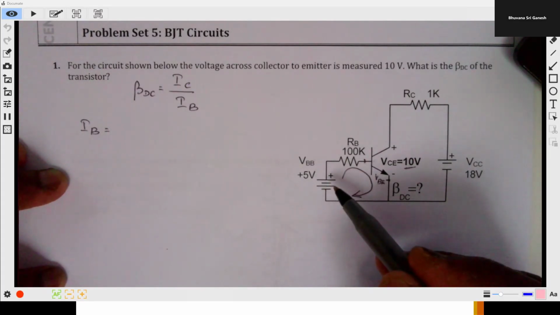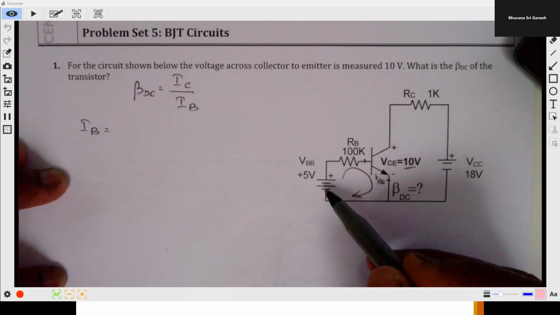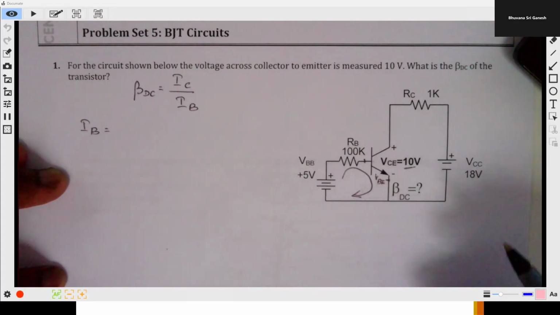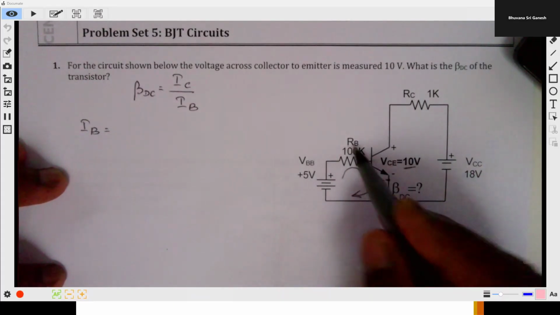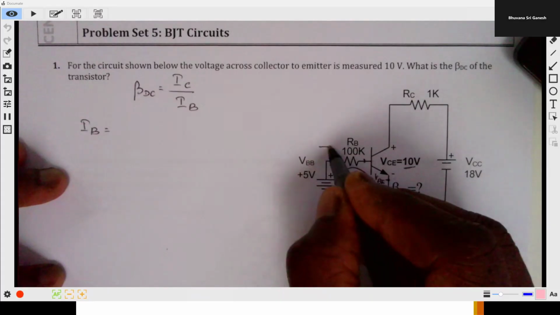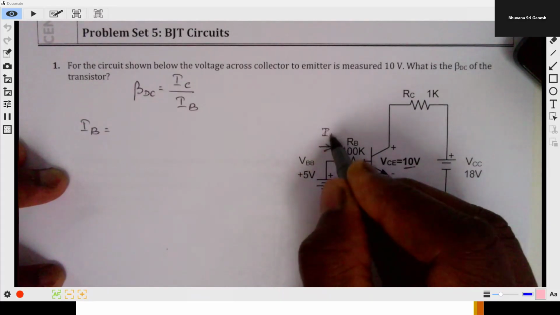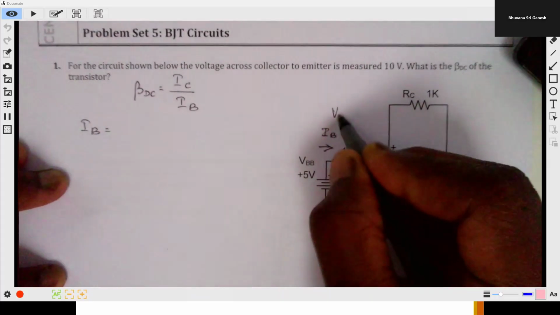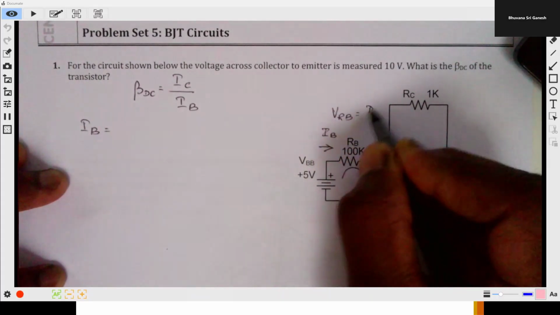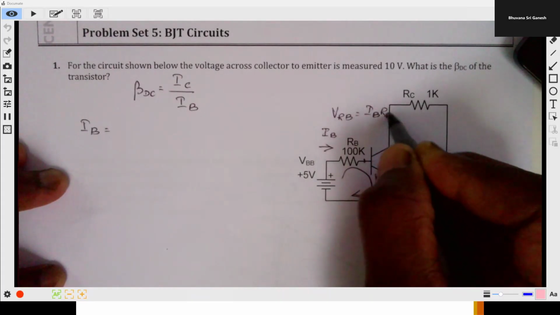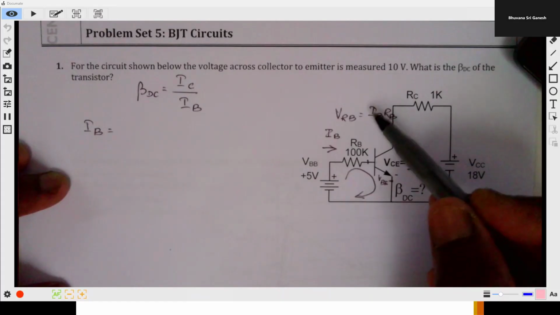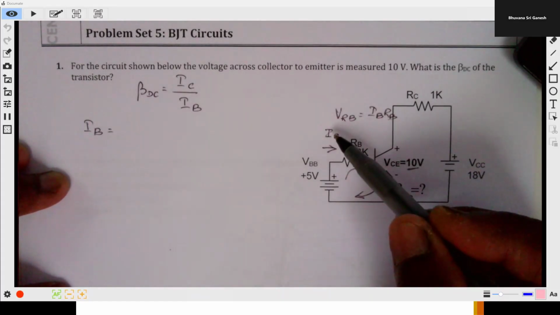So now VBB minus VRB minus VBE equals 0, and VRB is what? The current flowing in this branch is IB. So IB times RB is VRB, right? VRB equals IB times RB. Now if you want to find IB, we take VRB over RB, right?